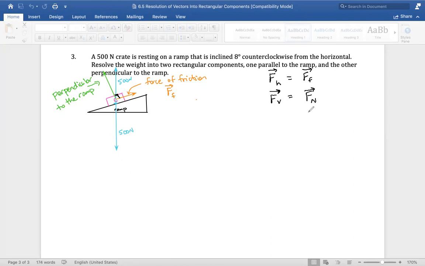So let's redraw this. I'll go over here. So we need to draw our horizontal and vertical component in, right?